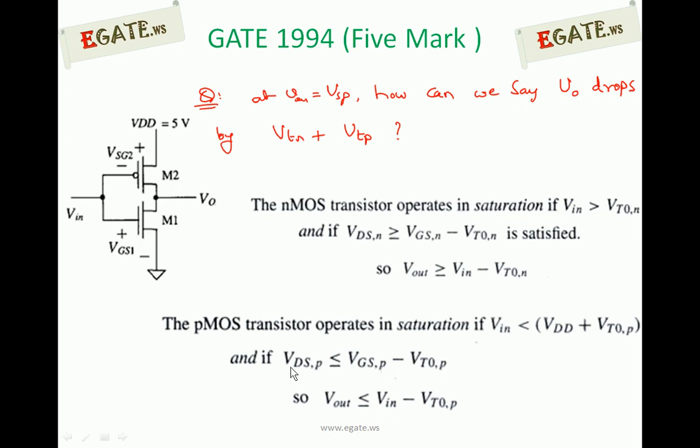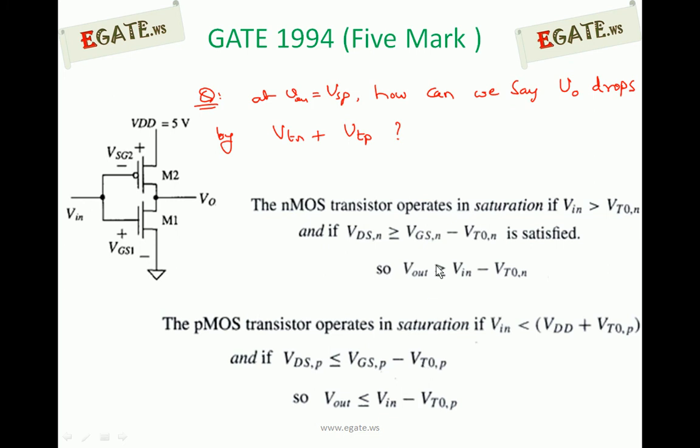So VDS for the PMOS is nothing but V0 minus VDD. VGS for the PMOS is nothing but V input minus VDD. VDD will get cancelled, that is, the source will get cancelled. What you will get is VD should be less than or equal to VG minus VTP, where VD is nothing but V out, and VG is nothing but V input.